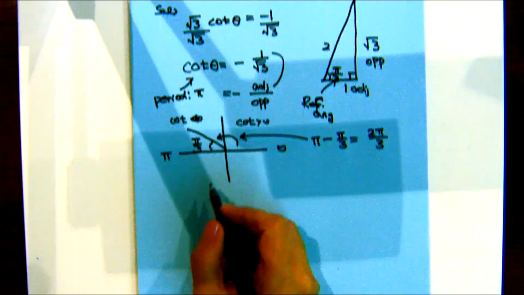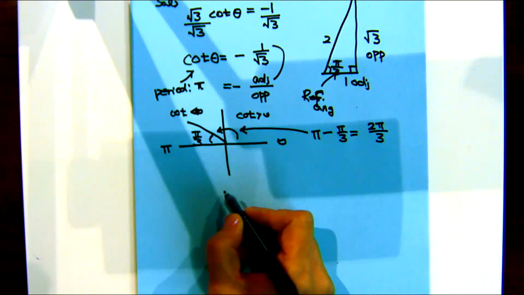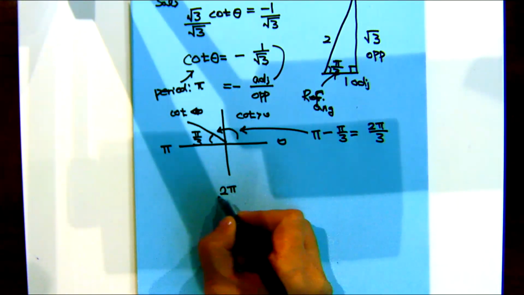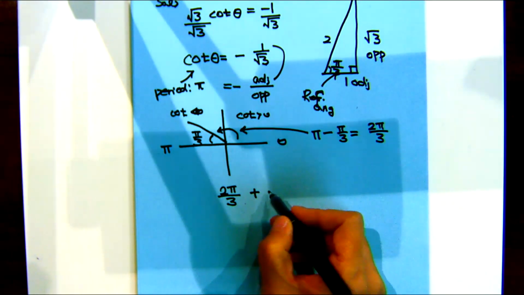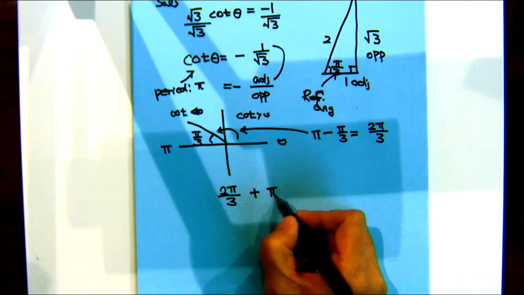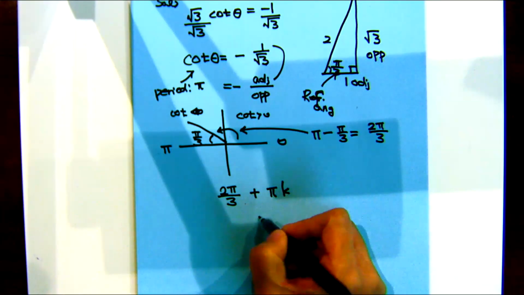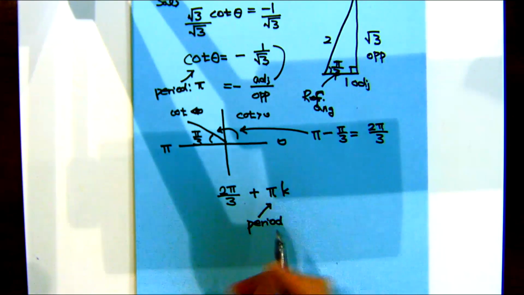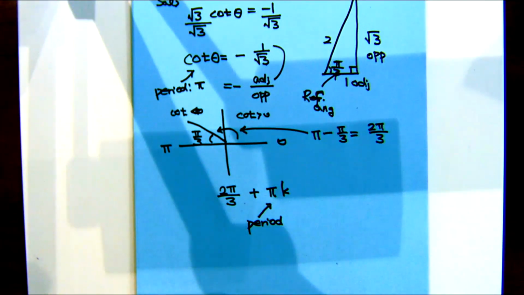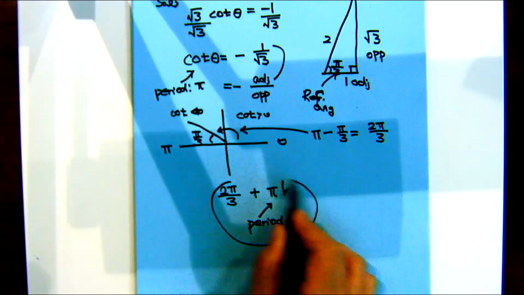So we want to generalize it so that we can represent all the solutions. This time I would add pi times k. Pi is a period. So I don't use 2 pi, I would use pi.